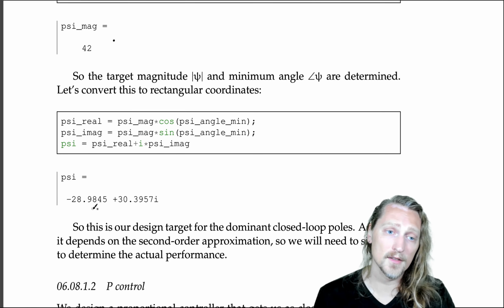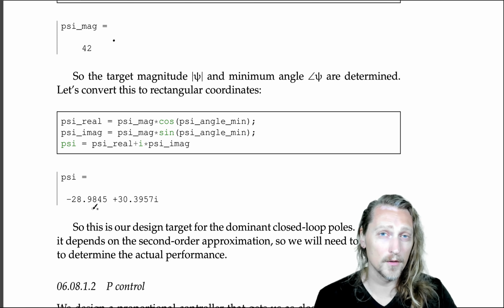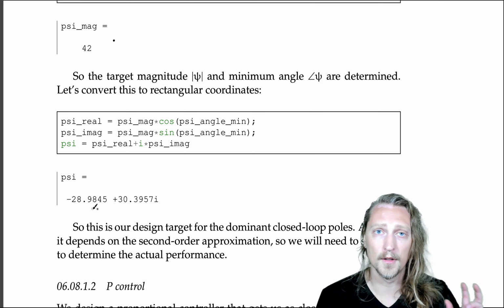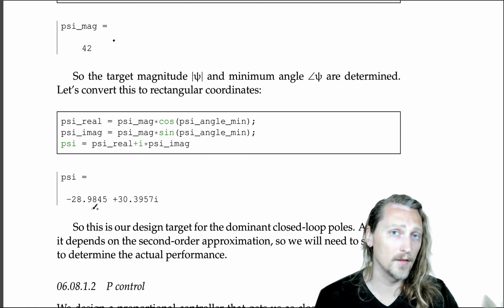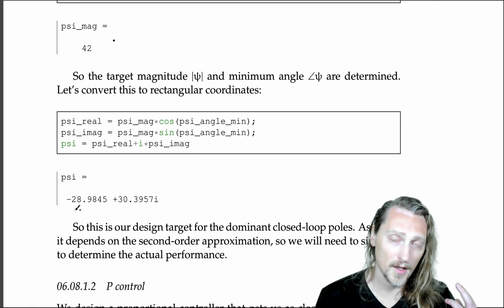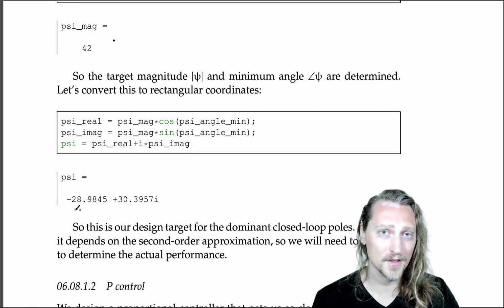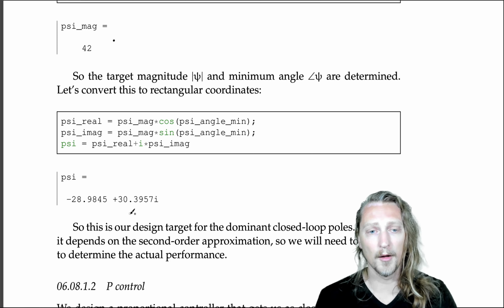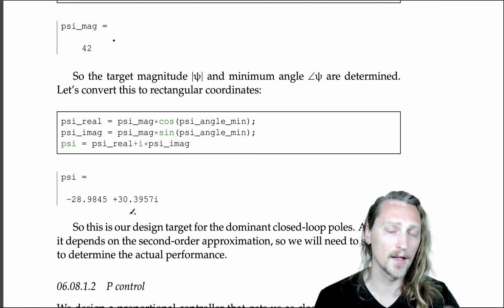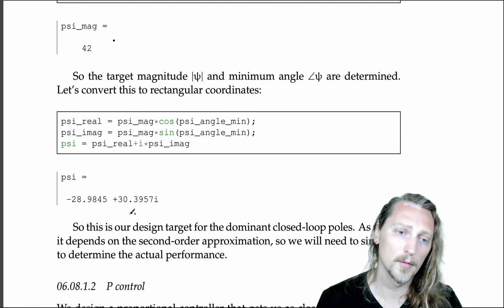And we find that our psi location that we're going to attempt to get our system in closed loop to behave like, if it was to behave perfectly like a second order system with no zeros, this is exactly where we would like that design point to be, where we'd like that closed loop pole to show up.